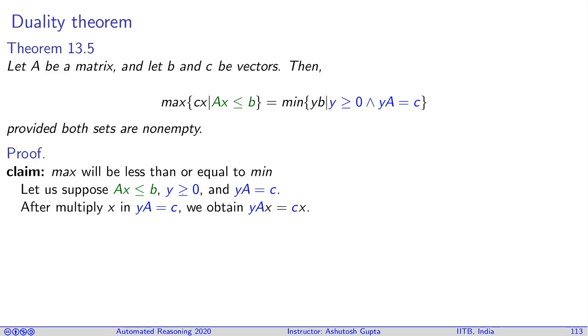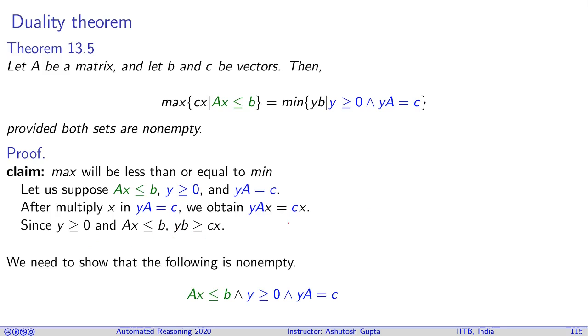After multiplying x in yA = c, we get yAx = cx. And recall that Ax is less than or equal to b. Since Ax ≤ b and y ≥ 0, we can say that yb ≥ cx.